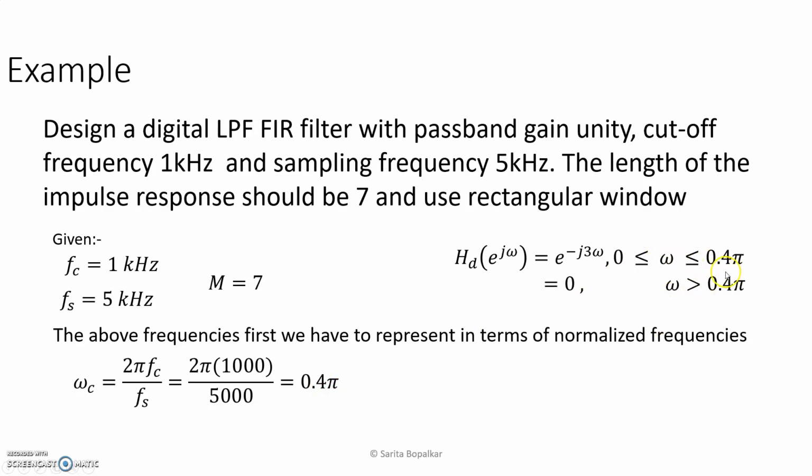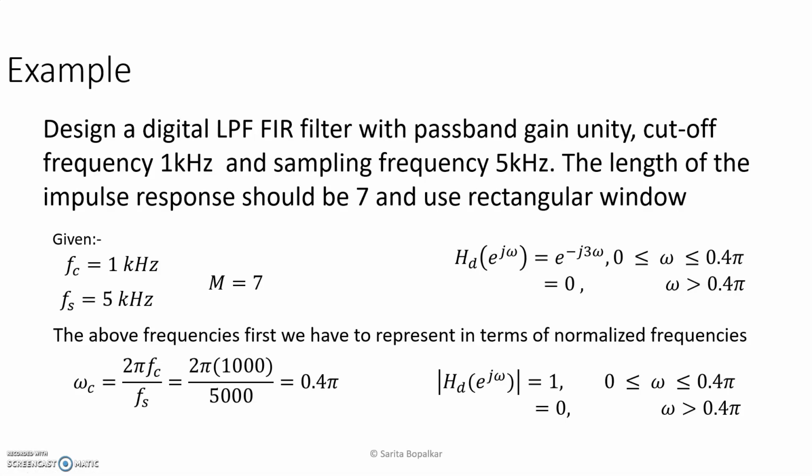That's why 0 to 0.4 pi, and otherwise it is 0 for the other frequencies. So this is the mathematical representation. Amplitude is 1. We can represent it as mod Hd(e^jω) also. Mod Hd(e^jω) is equal to 1 for the passband, 0 to 0.4 pi. Otherwise it is 0.